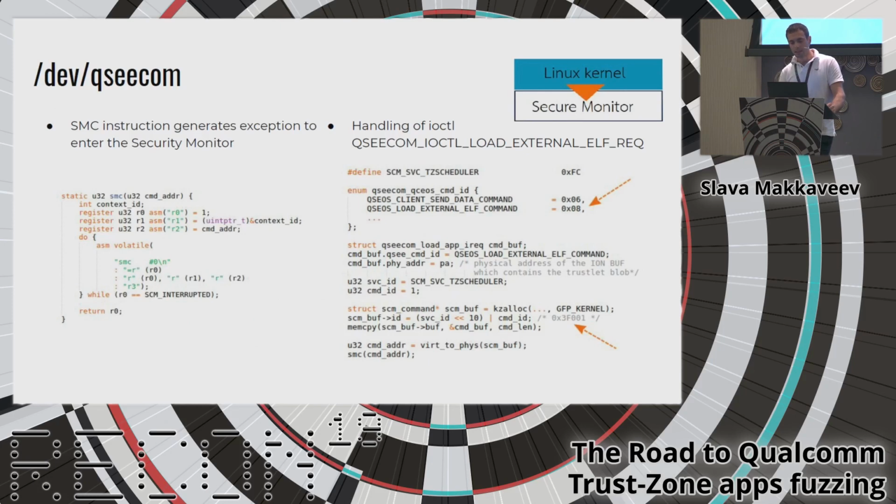What is next? As I mentioned, the QSEECom driver uses the special SMC CPU instruction to enter the secure monitor and redirect execution to the secure world. Actually, this driver fills some structure which will be used as a parameter for the SMC call. Here I marked with arrows two fields in these structures.